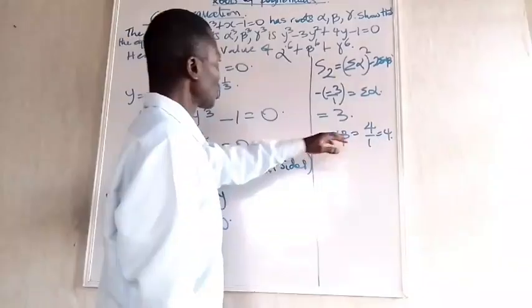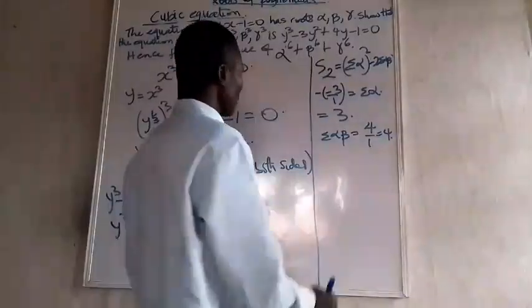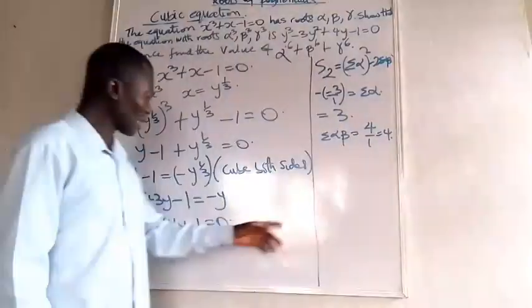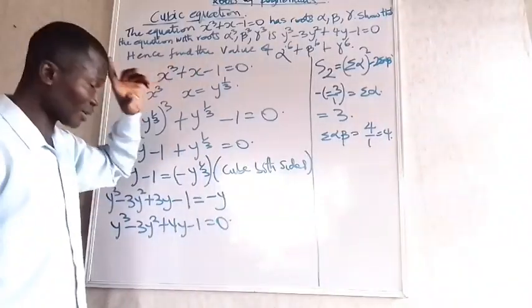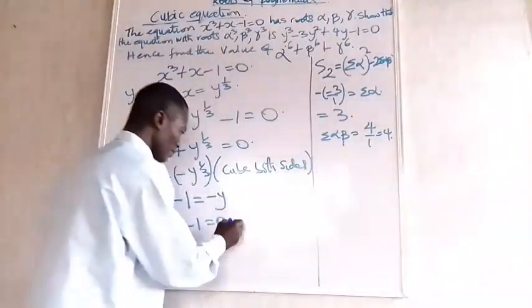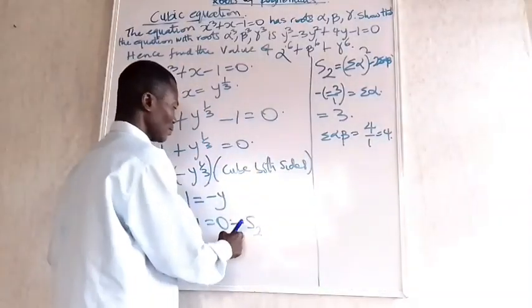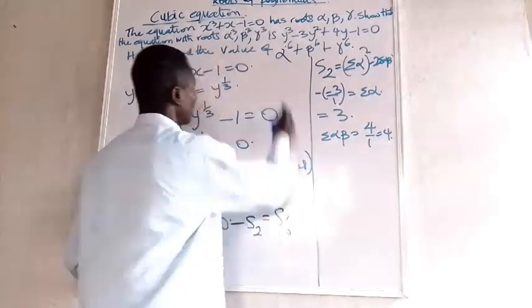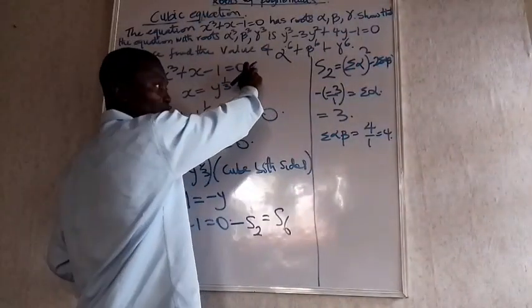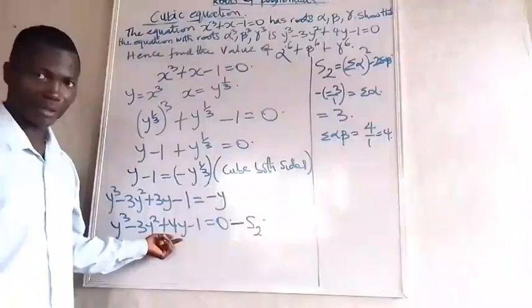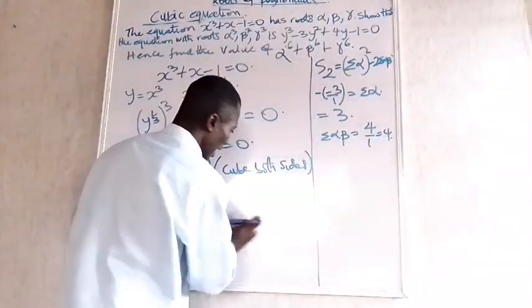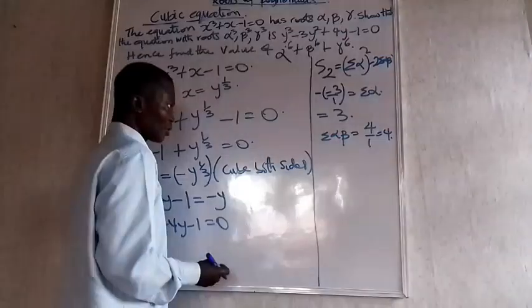So if we now substitute this into this equation, mind you, please, S6 for the original equation is equal to S2 for this equation, because the root here is the cube. So I want you to get that into your consciousness.